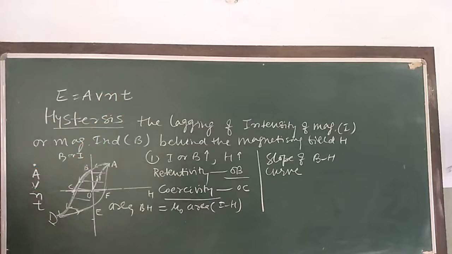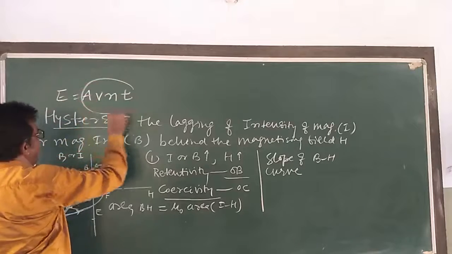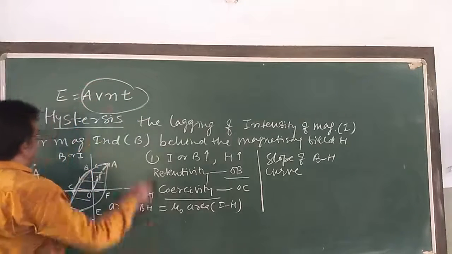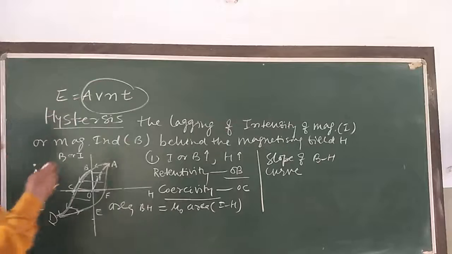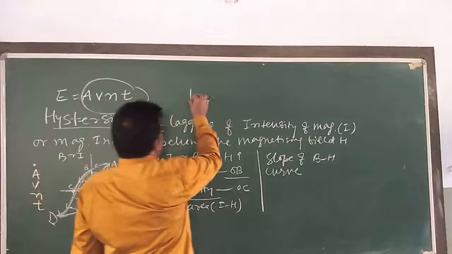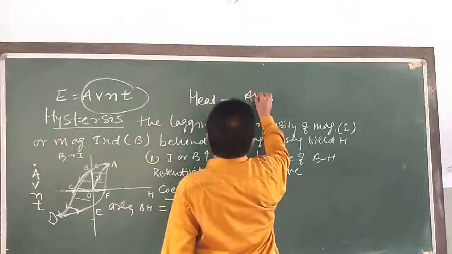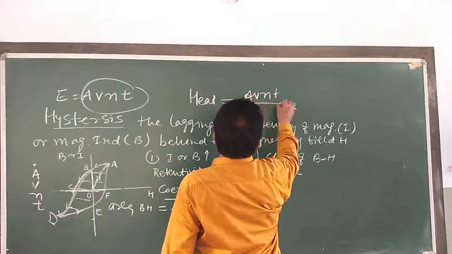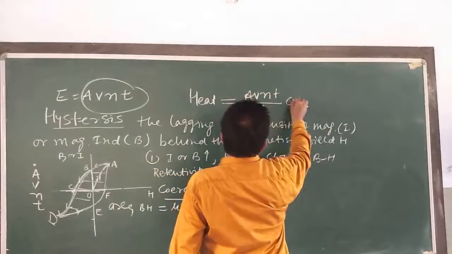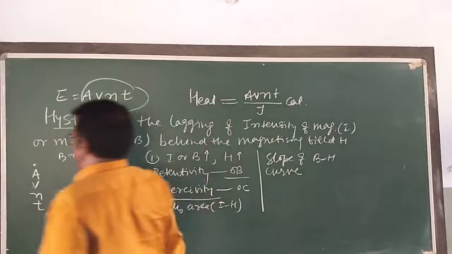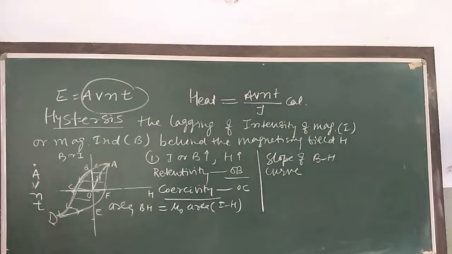That is in joule. If you want to find it in calorie, the heat produced would be A V N t divided by J, that comes out in calorie, with J equal to 4.2. Okay, so write down this.